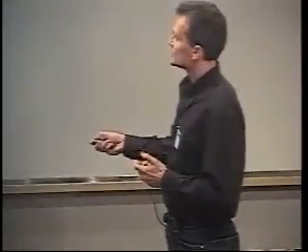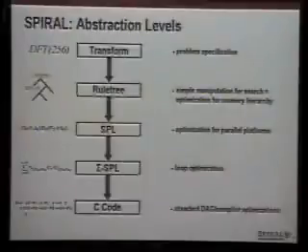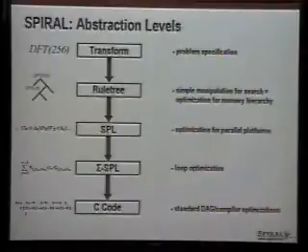The rest is not heuristic. At the formula level, we optimize for parallel platforms like vector instructions and shared memory platforms. And what we do here is we take formulas and transform them into different formulas that are better. So all the parallel optimizations go on here. At this level, Sigma-SPL, we do loop optimizations that are not done by compilers on the C code level.